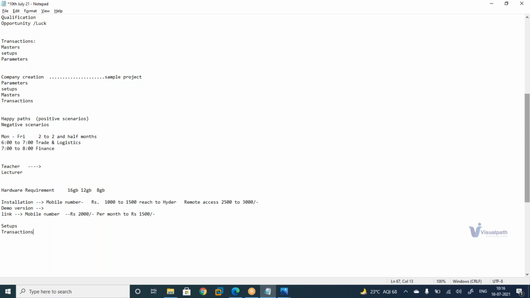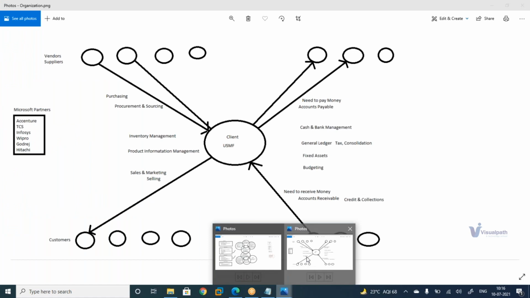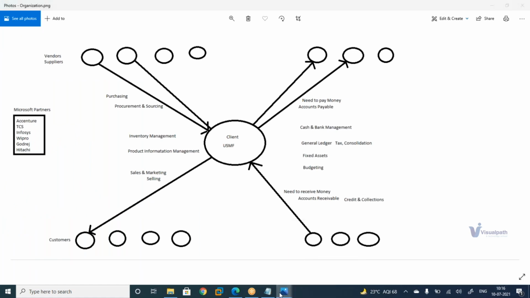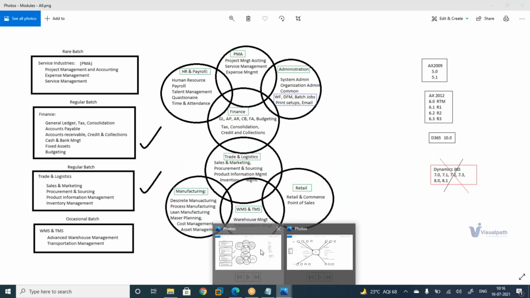You can collect it from the institute; if you share your email ID, the course content for AX 2012 will be shared with you. That is covered in D365, but not in 2012. I'm going to teach only D365, and the minimum will be covered, and on top of that, you are going to learn something more.